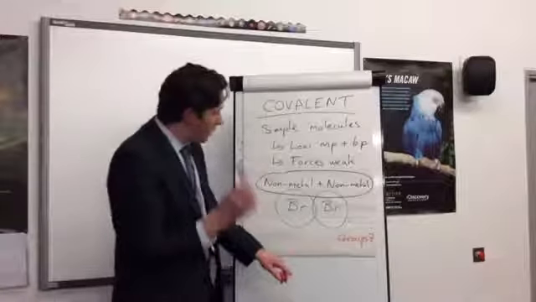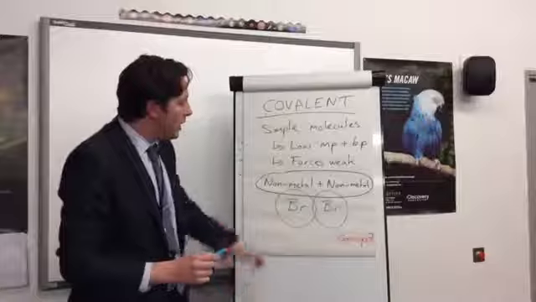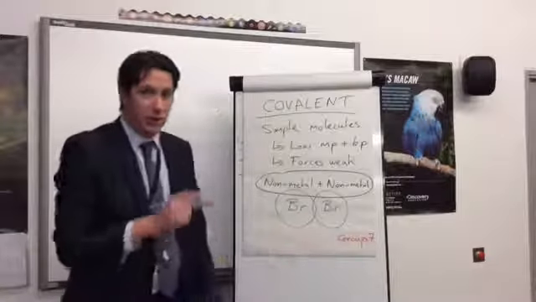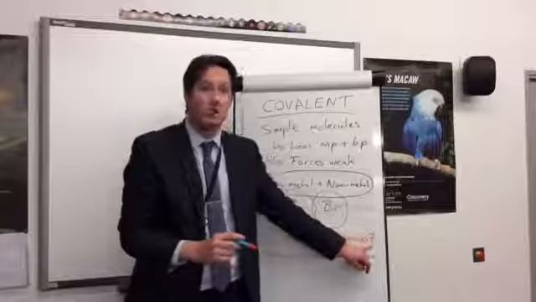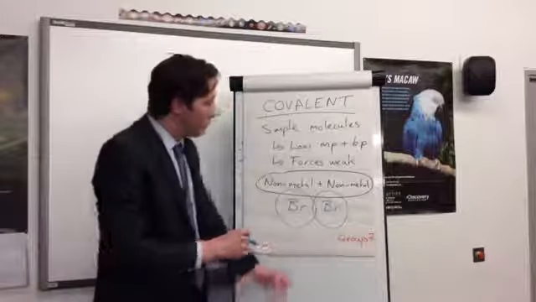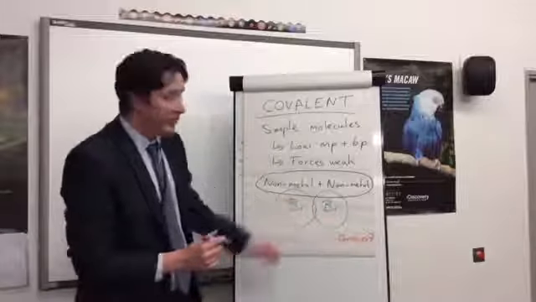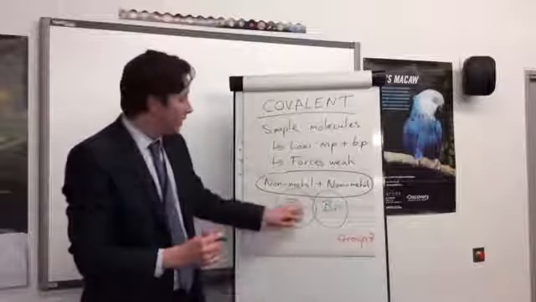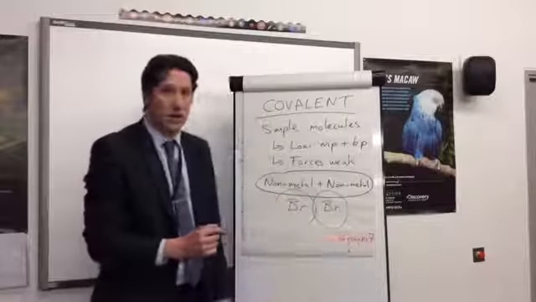I'm going to use red crosses for the electrons from this bromine, and I'm only doing the outer electrons. I can tell it's got 7 outer electrons because it's in group 7. All of these elements, like chlorine or iodine, have 7 electrons in their outer shell.